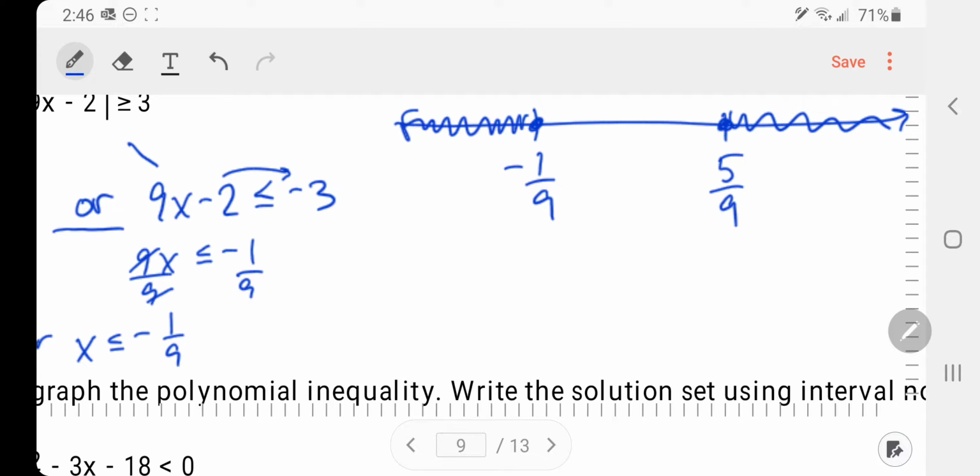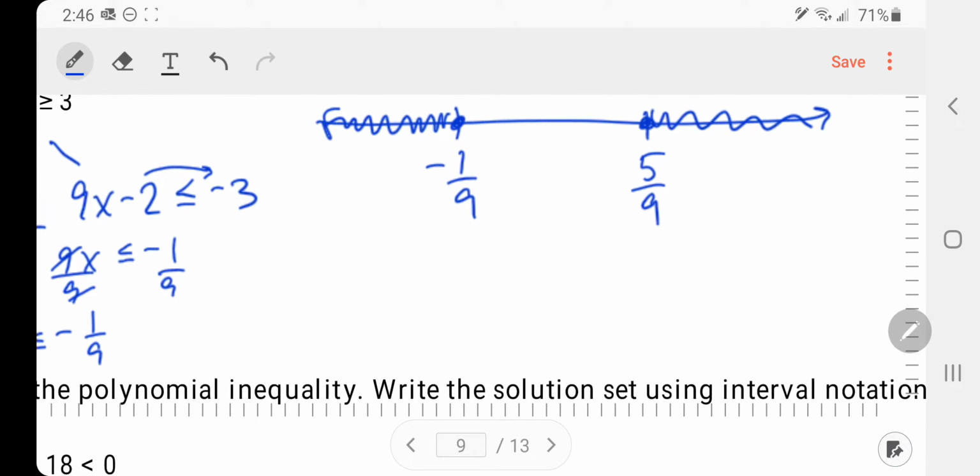And now that I have the shading completed, I can write the interval notation. Notice that this shading goes to the left forever. So the shading's going to start at negative infinity, and it's going to end at negative 1/9 with a bracket because the dot is solid.